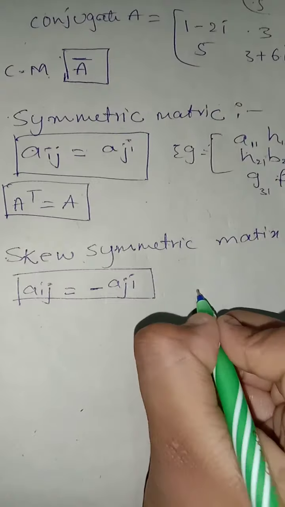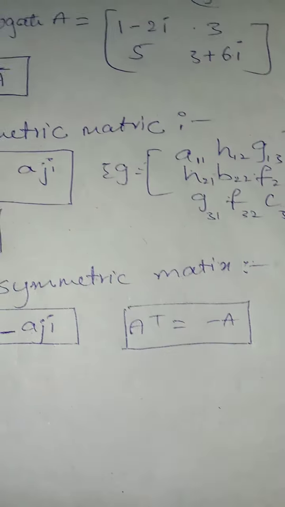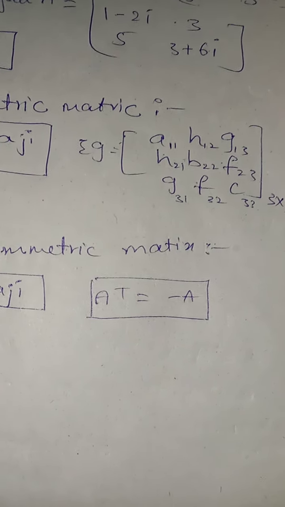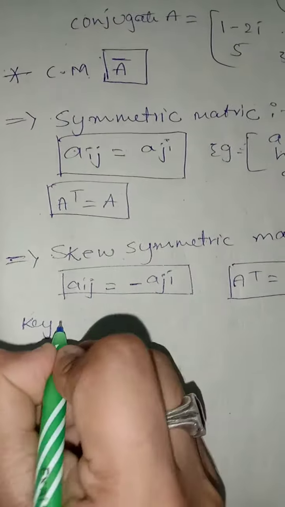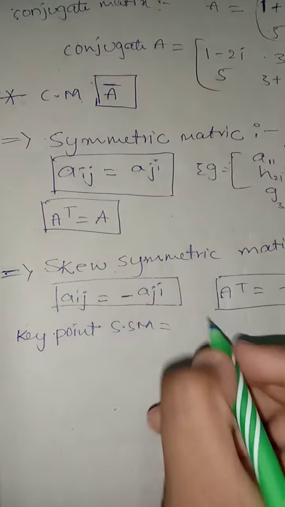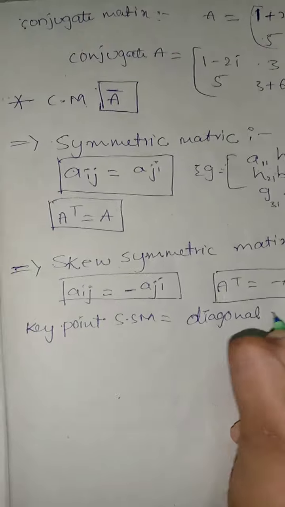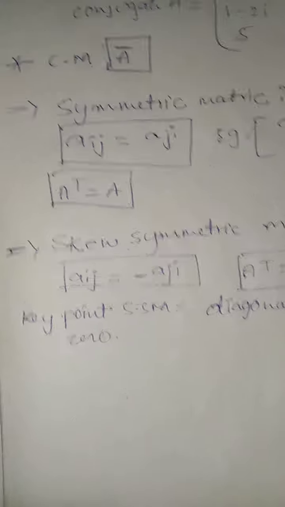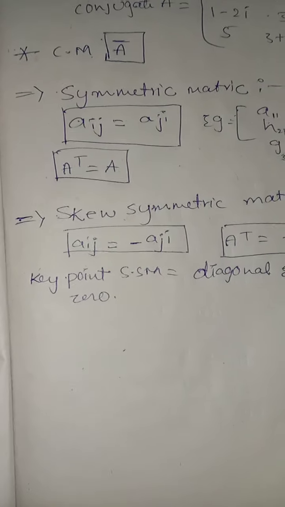That is, A transpose equals minus A. One of the main key points of a skew symmetric matrix is that the diagonal elements are 0. Diagonal elements are 0 in a skew symmetric matrix.